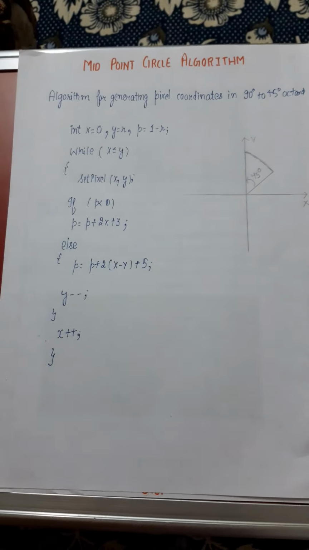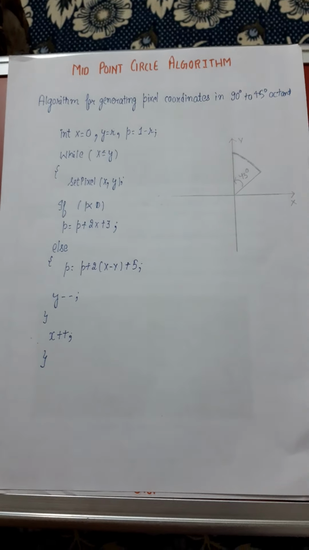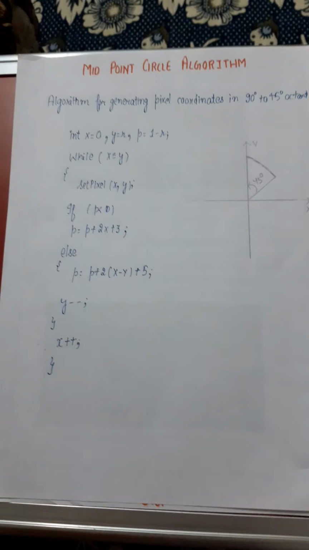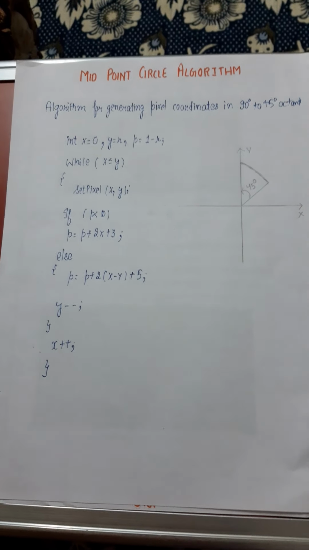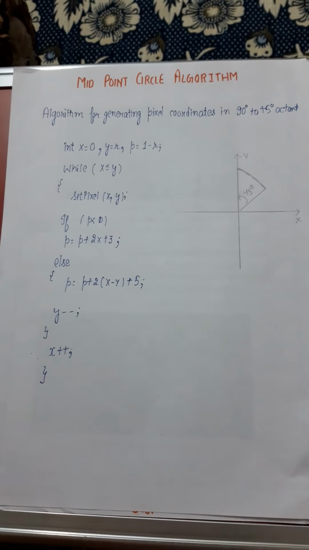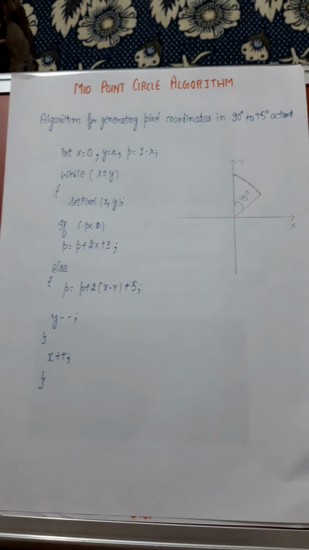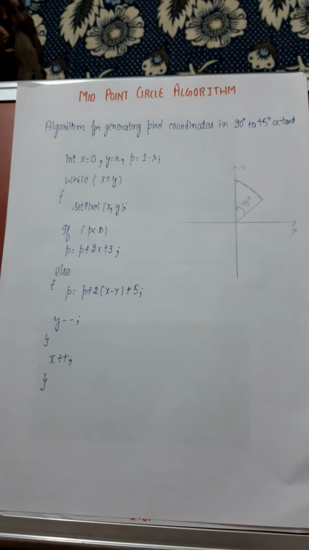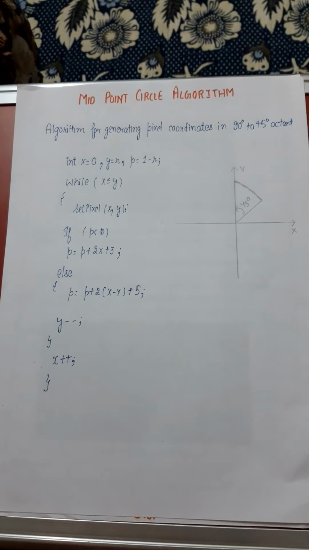In this case, we will decrement the value of y, and in the last we will increment the value of x. So whenever the loop continues, we always increment x, but we decrement y only when the decision parameter p is greater than 0.